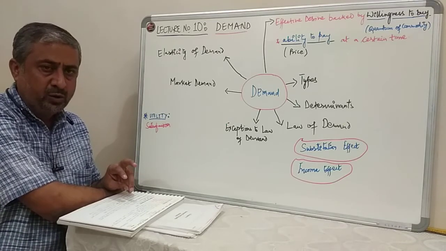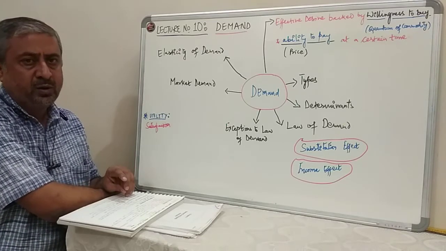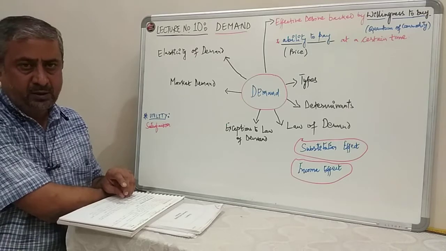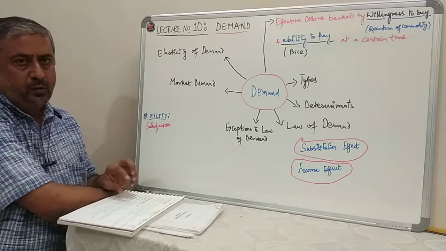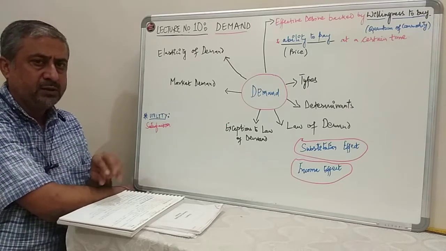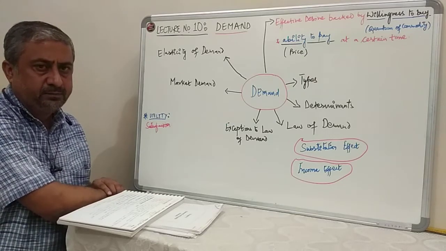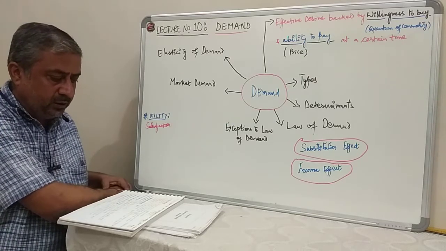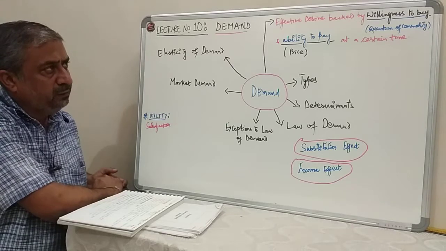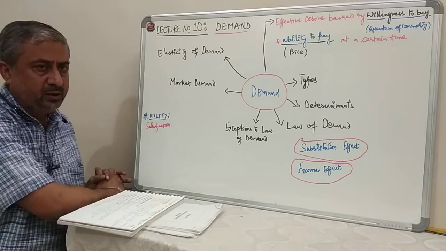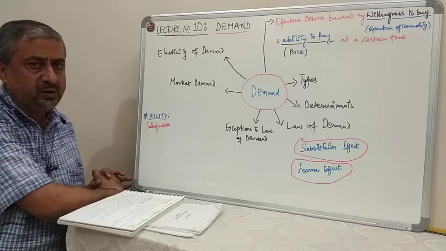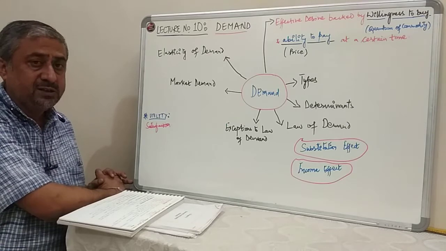You should be aware of the quantity you want to buy, and you should also be aware of the price at which you are going to buy. So, this is what we call demand. That is, effective desire backed by willingness to buy and ability to pay constitutes demand for a product, goods or service, commodity at a certain price.